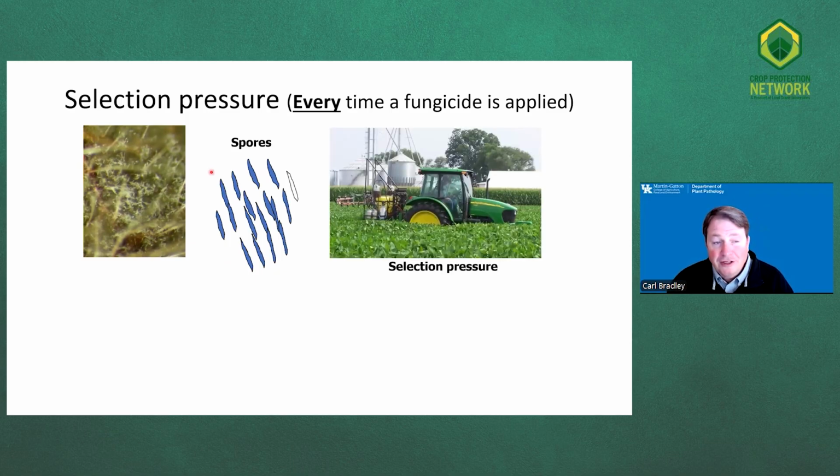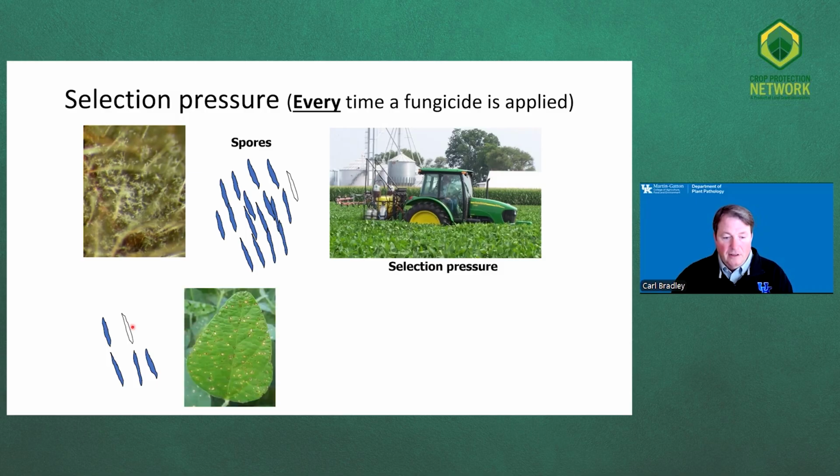We apply our selection pressure. We're applying our fungicide. Okay. What happens? Well, we take care of a pretty good amount of the blue isolates, the ones that are still sensitive, but this resistant one still remains. Okay. So let's say that it's a really bad year for frog eye leaf spot and it continues to develop, or we can even say this is the next year.